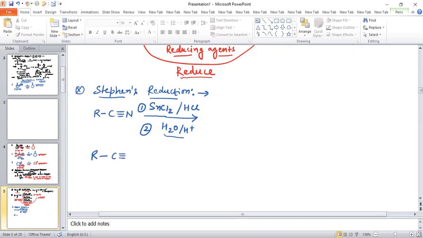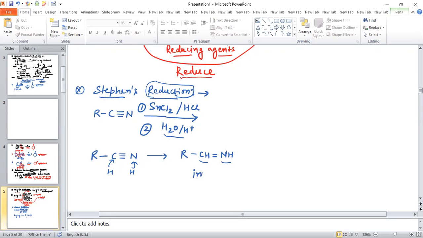This is RC triple bond N. Because this is a reduction reaction, and reduction means addition of hydrogen, when one hydrogen atom is added to this, it will convert into RCH double bond NH.